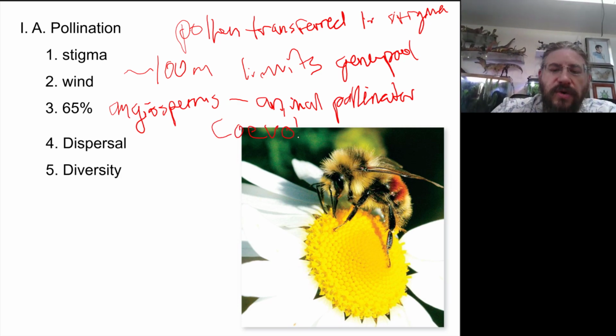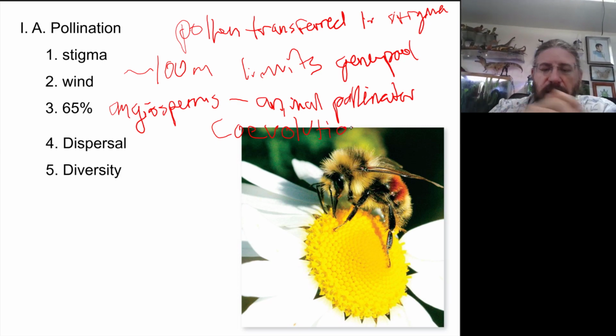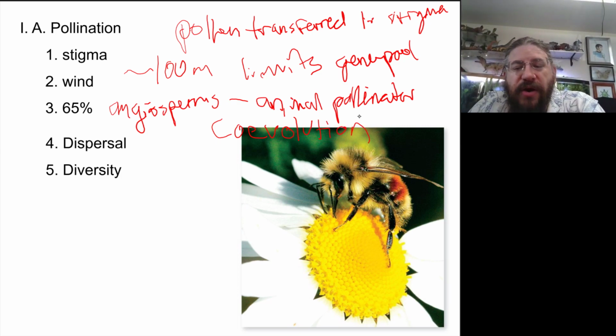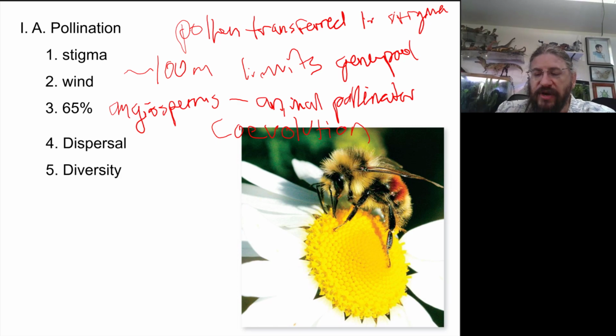The flower is an inherently pollinator-attracting structure. You can see some extremely primitive flowers that are adapted to self-pollination. But other than that, angiosperms co-evolved with their animal pollinators, and over 65% of those species, over hundreds of millions of years, have developed animal pollinators.